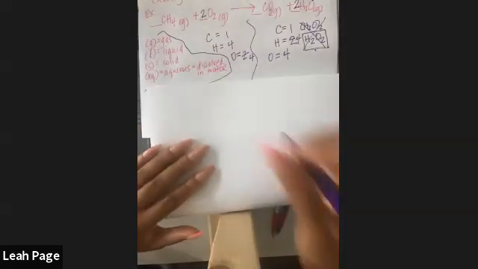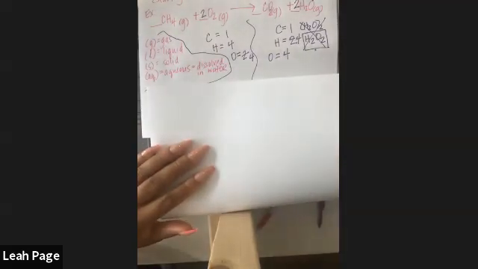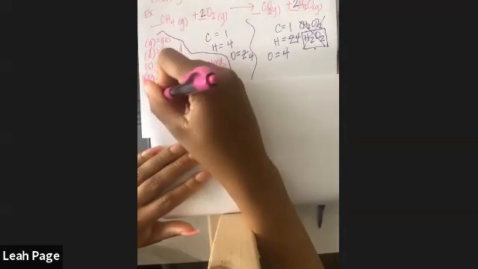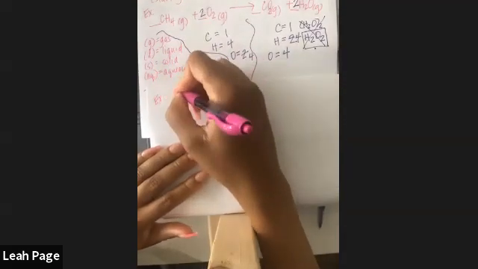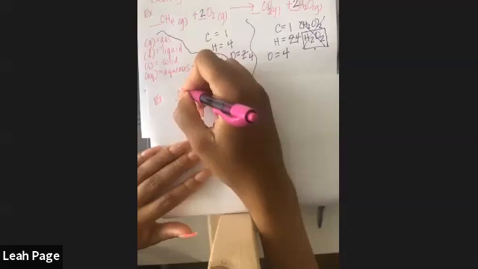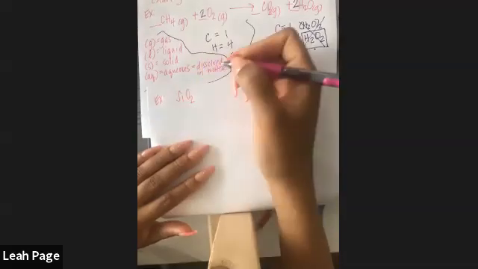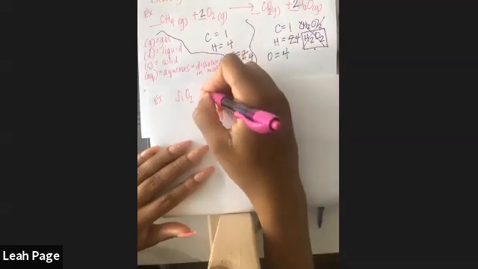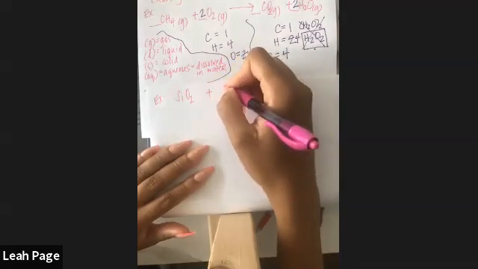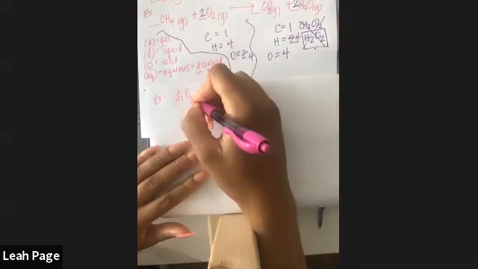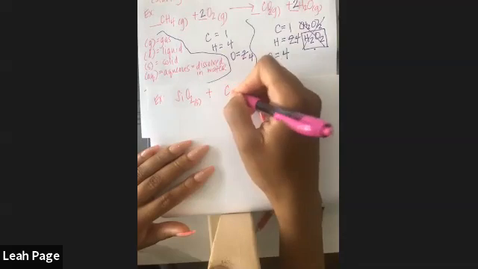All right, so let's say my example says I have silicon dioxide plus carbon. So this one's a solid, this one's a solid.